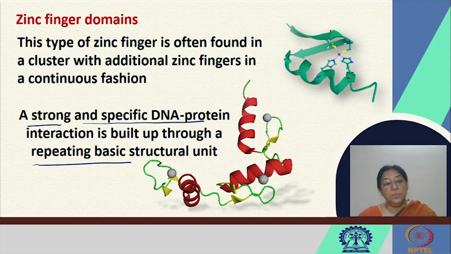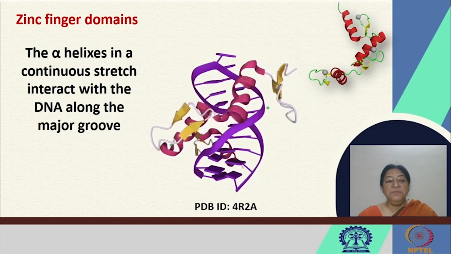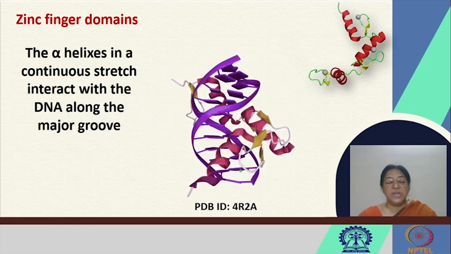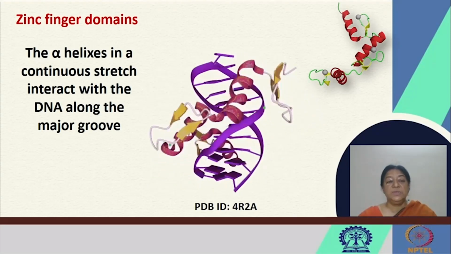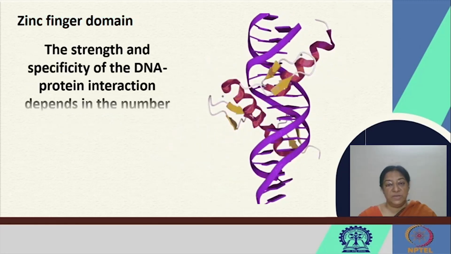So the zinc finger domains that we see have repeating units that are going to interact with the DNA. The alpha helices in the continuous stretch, therefore, interact with the DNA along again the major groove of DNA.